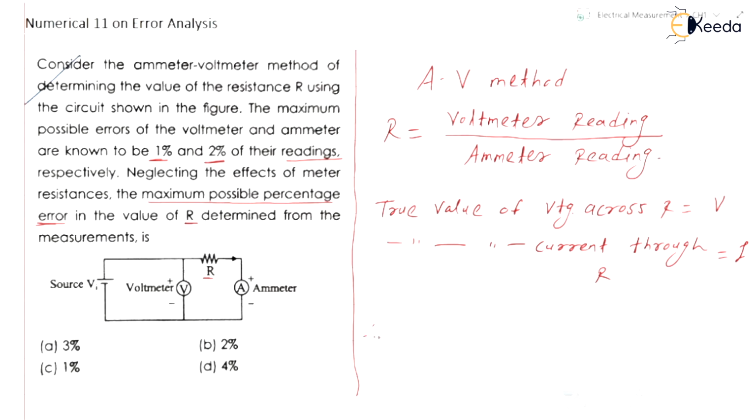Okay, so therefore can we find the true value of R, that is the true value of resistor is equal to what? V by I. This is the true value, right?